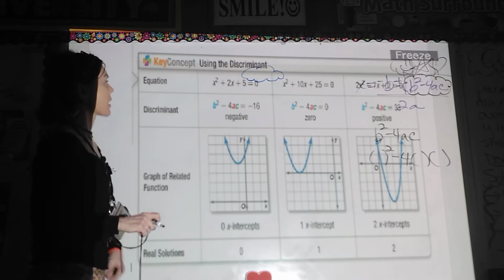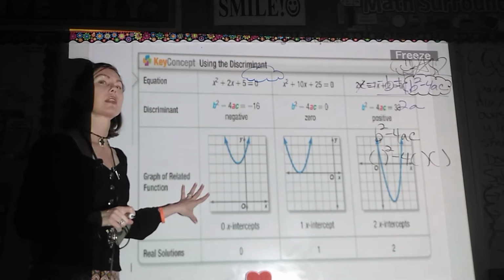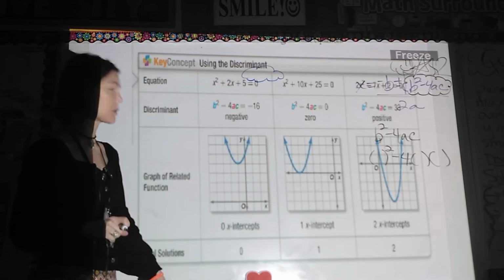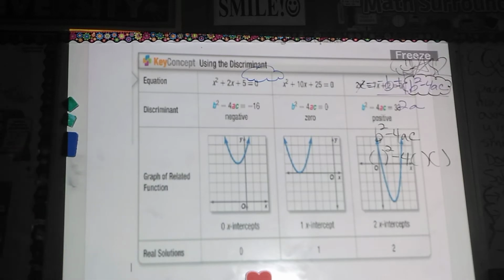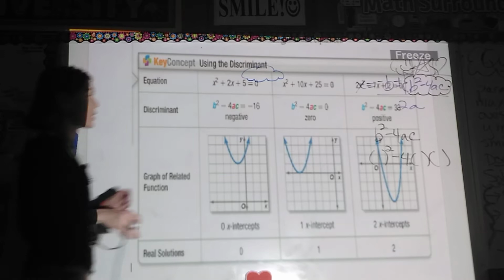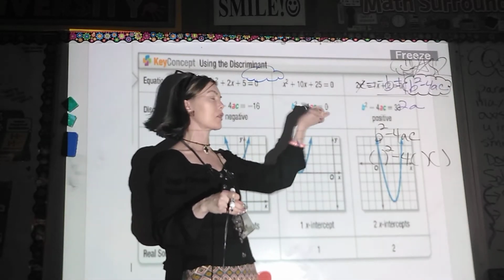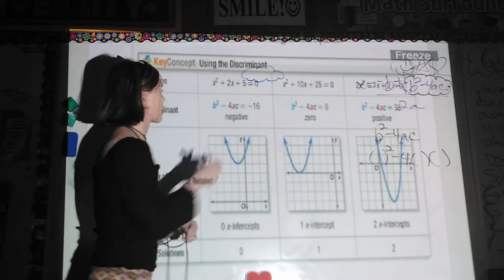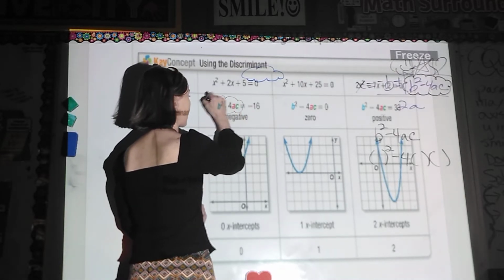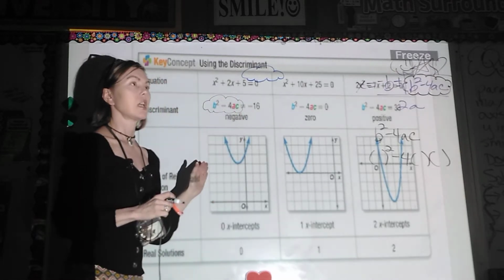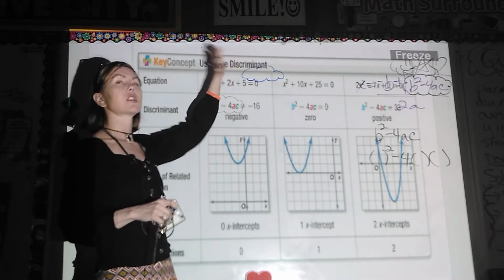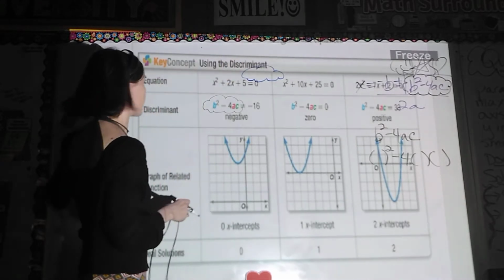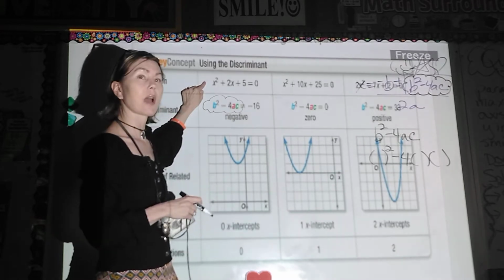Okay, so this is already done for you, but I've got some examples below that we're going to do together. This is pretty fast. As you can see, here's our little discriminant, b squared minus 4ac. It says use the discriminant to determine how many solutions this quadratic has.